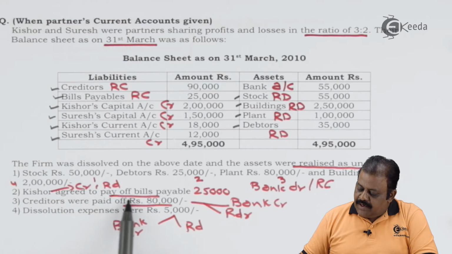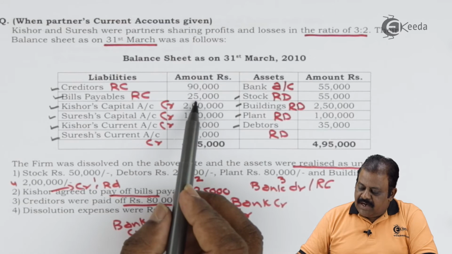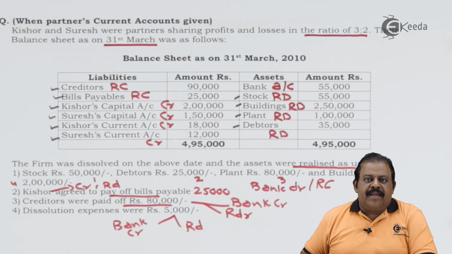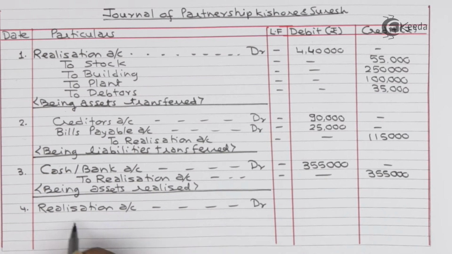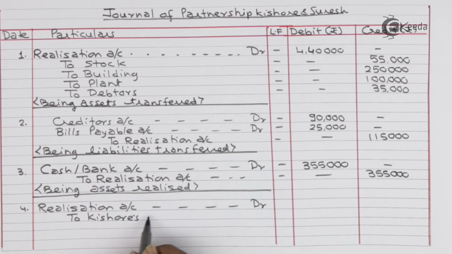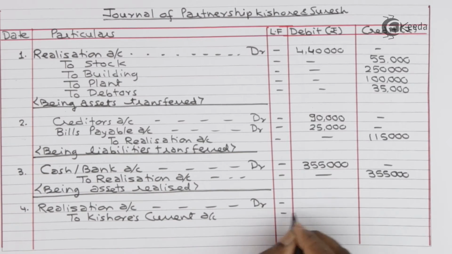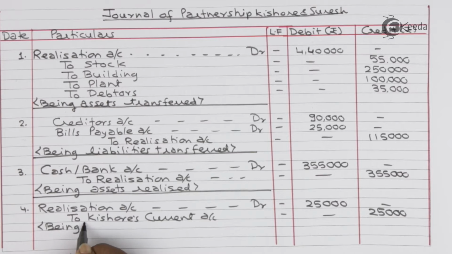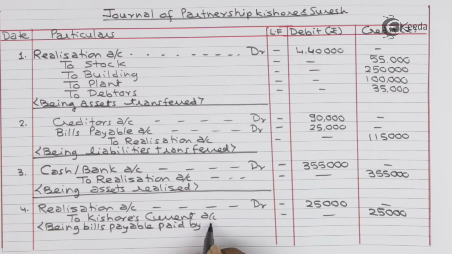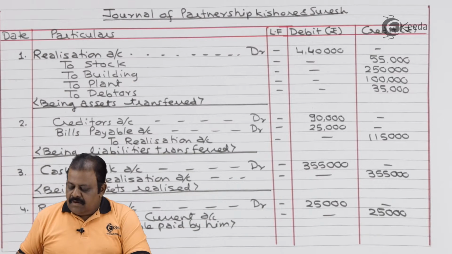Kishore agreed to pay off bills payable, that is 25,000 bills payable are taken over by him. Realization account debit 25,000 to Kishore's current account 25,000, being bills payable paid by him.